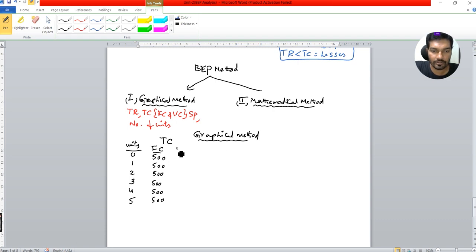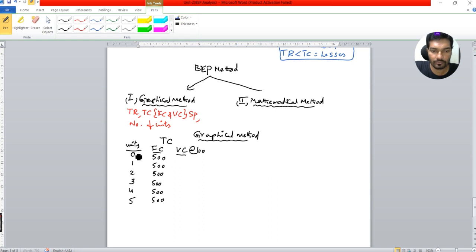And whereas variable cost, in terms of units, variable cost per unit includes raw material cost, direct labor cost, other direct expenses or overhead expenses on the production. Per unit 100 rupees.